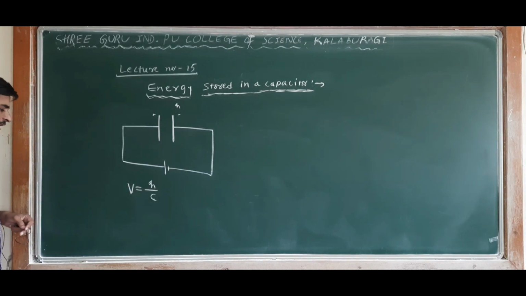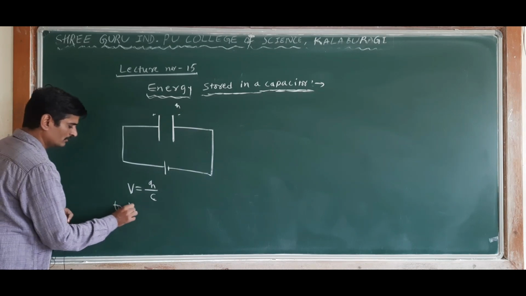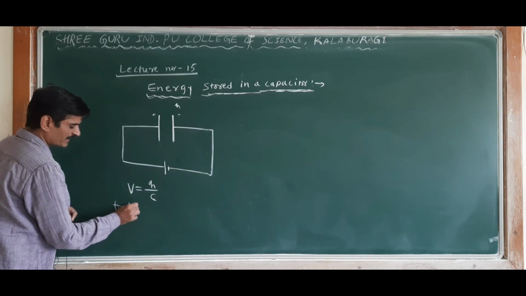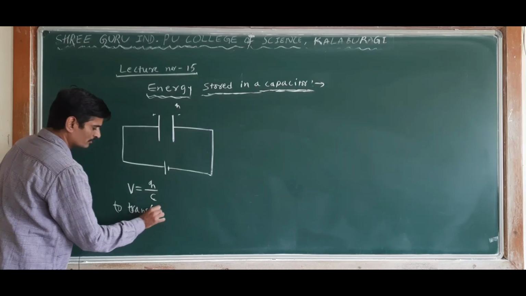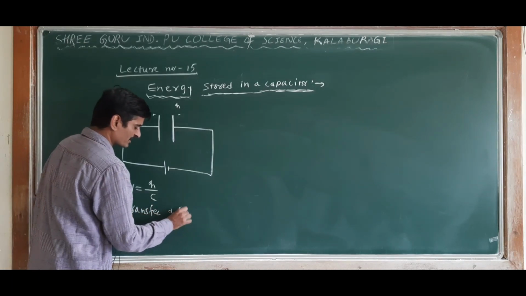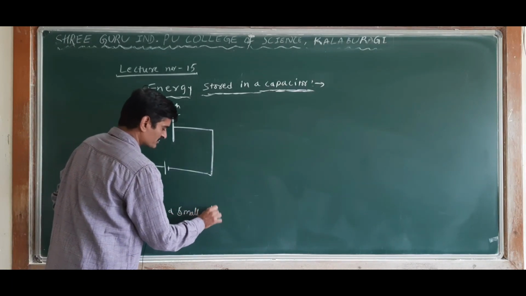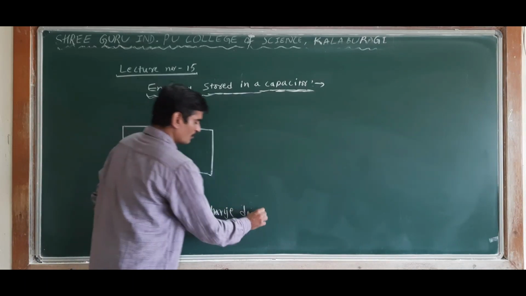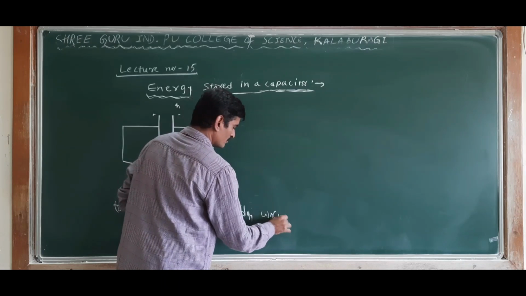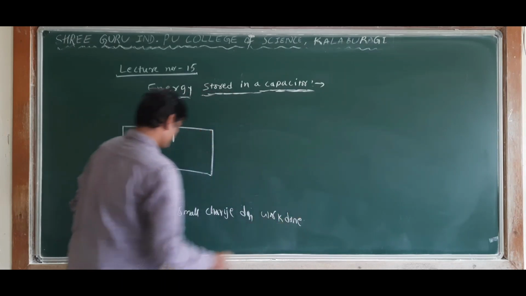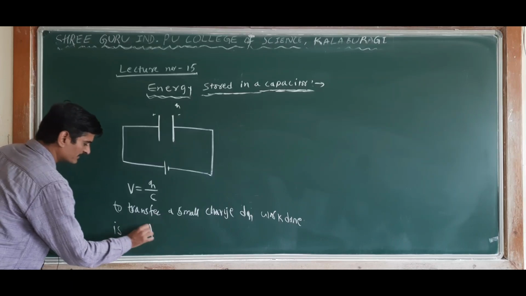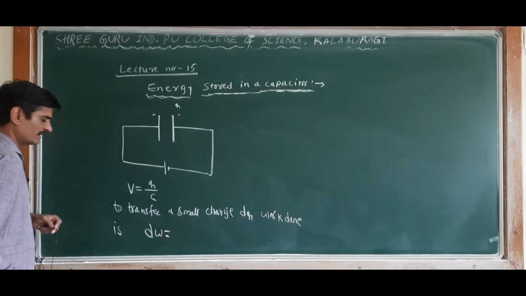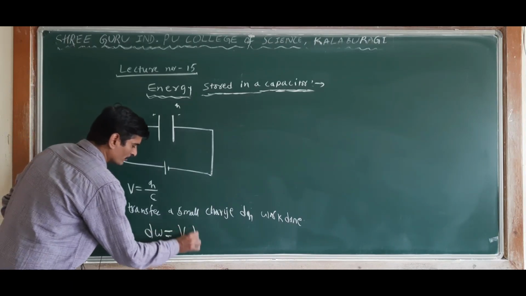So now to transfer a small charge dq, work done is dW is equal to V dq.